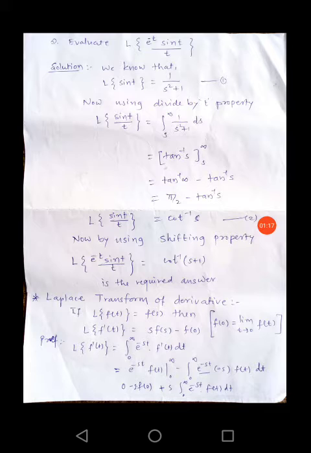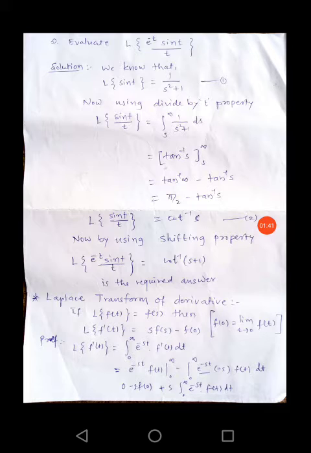The integration of 1 over s square plus 1 is tan inverse s, with limits s to infinity. Upper limit minus lower limit gives tan inverse infinity minus tan inverse s, and tan inverse infinity is pi by 2, so we get pi by 2 minus tan inverse s, which is nothing but cot inverse s.